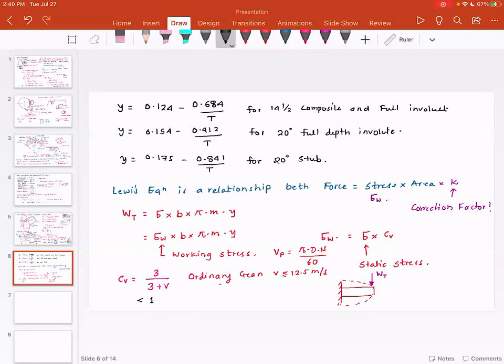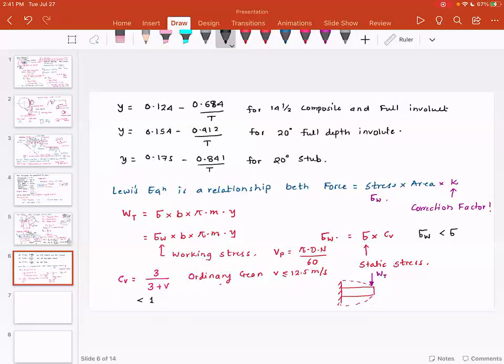What this means is sigma W, the value that we will use in design, will be less than sigma. And this is a very common approximation that is used for designs when the loads are moving or traveling or changing.